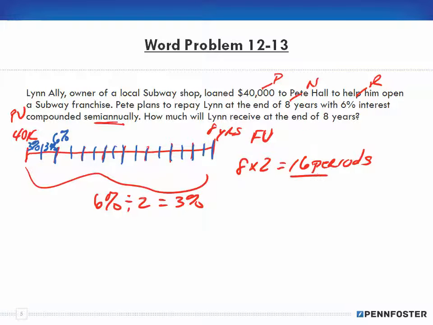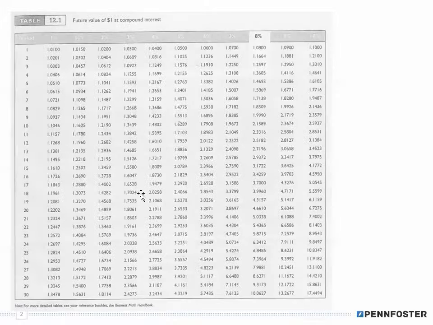So I'm going to be using 16 periods at 3% on my table. And to do that, I jump up to my future value table and look at 3% for 16 periods, and I use a factor of 1.6047.